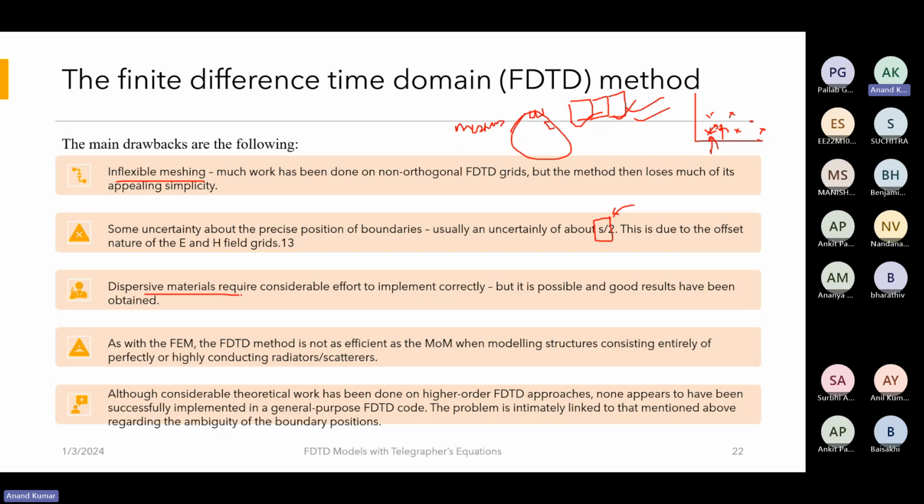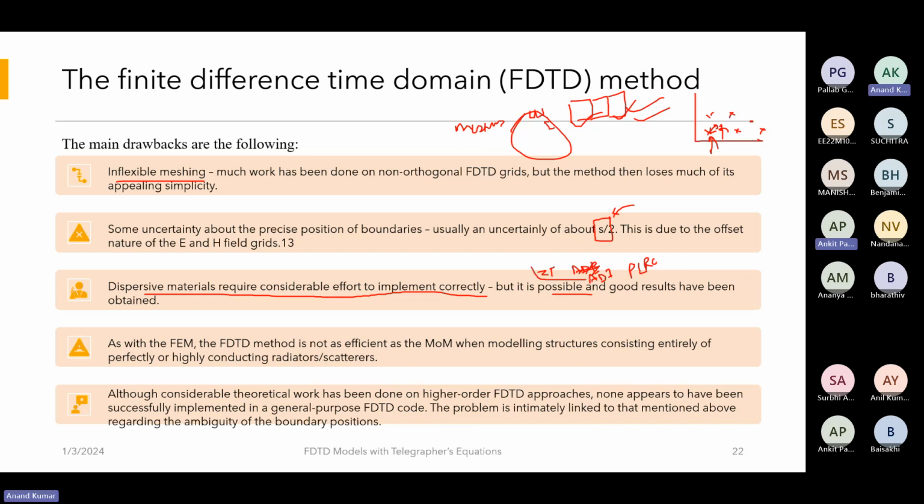Now, dispersive materials require considerable effort to implement correctly, but this is possible. As we discussed, there is the method of Z transforms, auxiliary differential equations, ADE, and PLRC.